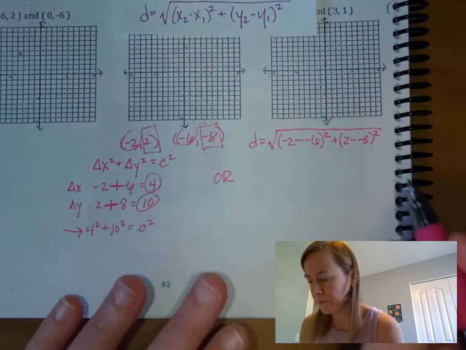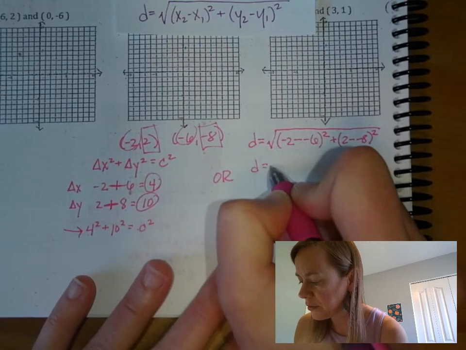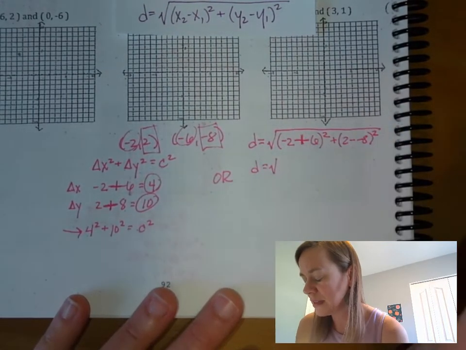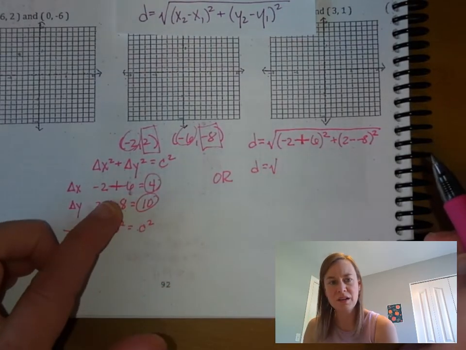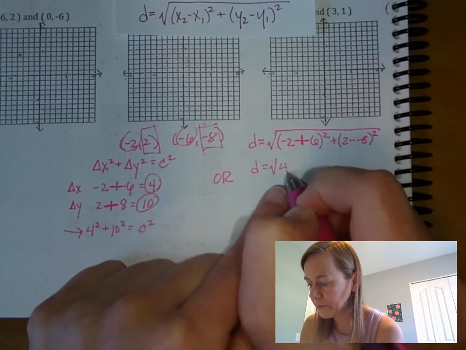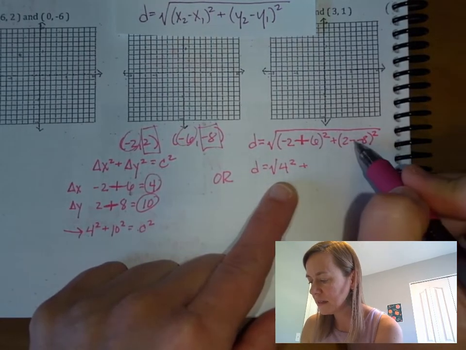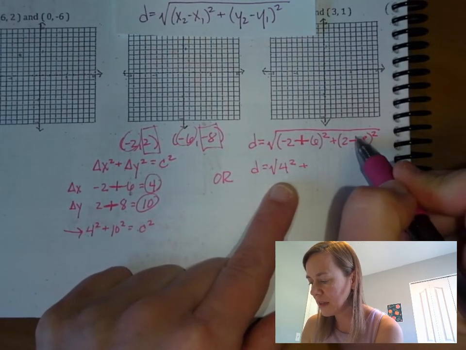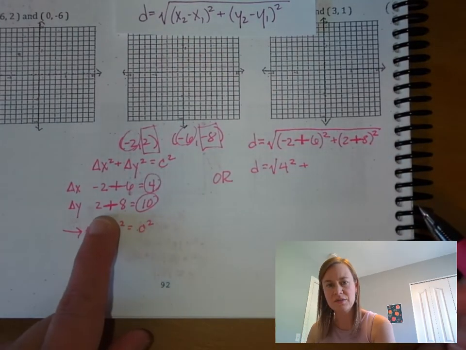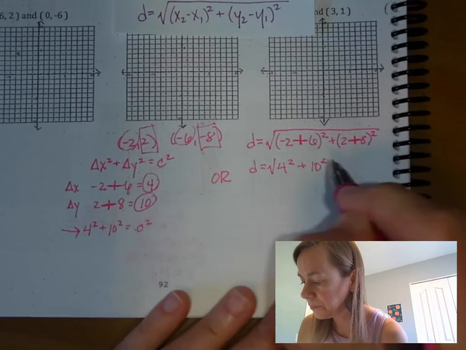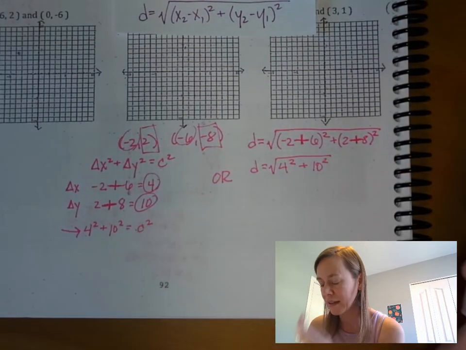We don't need this anymore. D equals the square root of, well, -2 minus -6 is the same thing as -2 plus 6, just like we were talking about there, and it's going to equal 4. And we're still going to have to square it, plus, let's see, 2 minus -8 is the same thing as 2 plus 8, just like it was right there. So that's going to be 10 squared. Finish drawing out that radical.